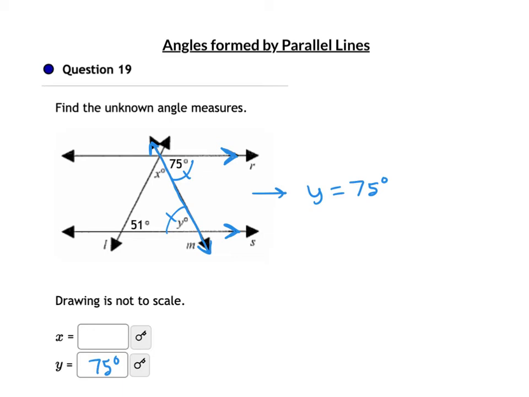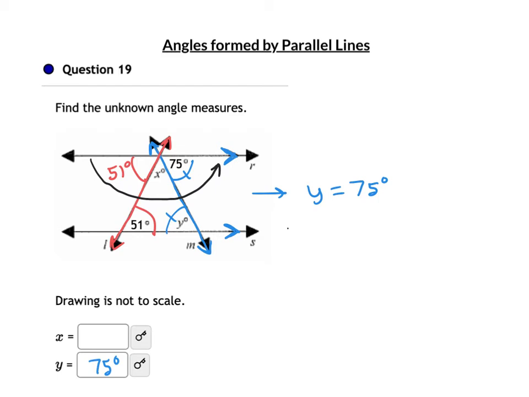Looking at the other transversal, which I'll mark in red, we see that the 51 and this angle right here with nothing on it are alternate interior angles. They're congruent. So this angle would also be 51 degrees. Now I know that from here to here is 180 degrees.